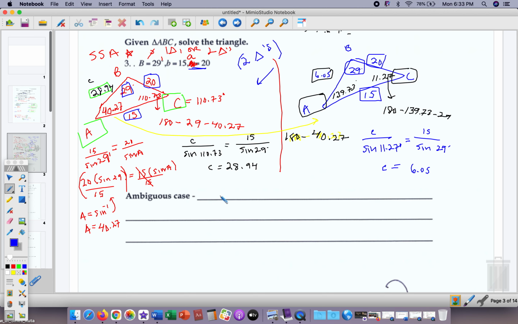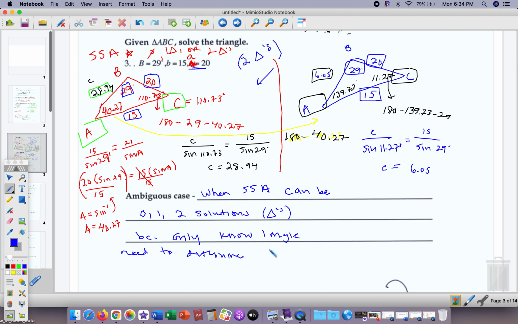So ambiguous case is when you have, like we said before, a side-side angle, there's the possibility, so there can be 0, 1, or 2 solutions, meaning those triangles that we could create, okay, because we only know an angle, we need to determine if the other angle is acute or obtuse.